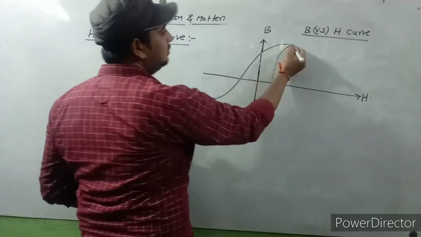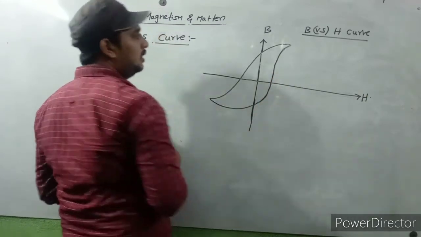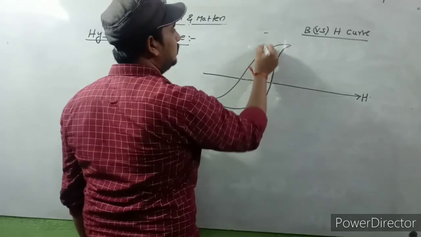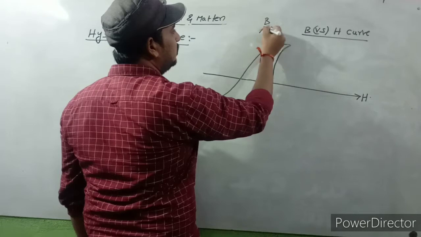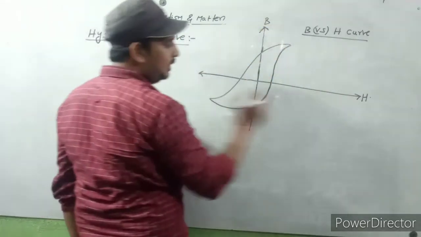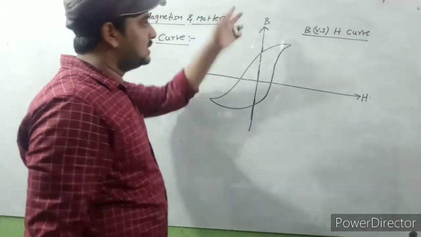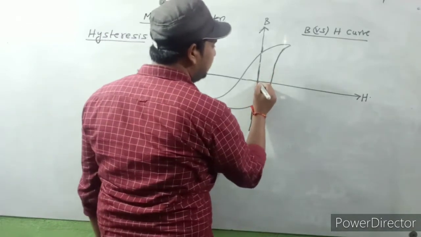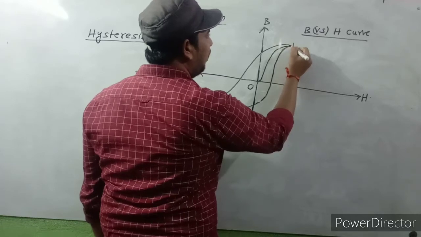This is the hysteresis curve. Here the x-axis represents the magnetizing field and the y-axis represents the magnetic field. This is point O and this is point A.